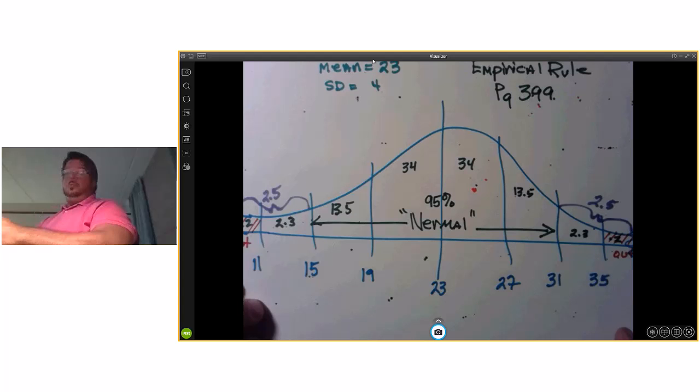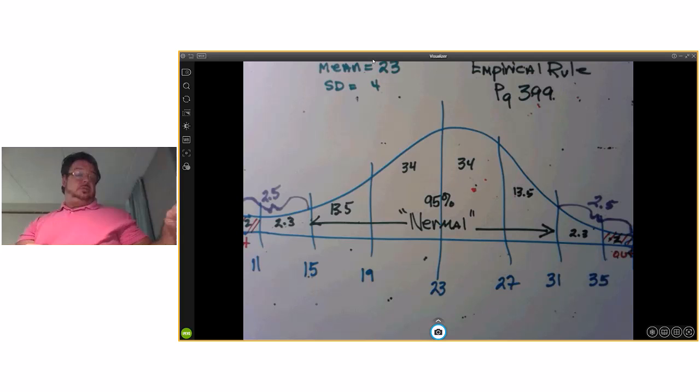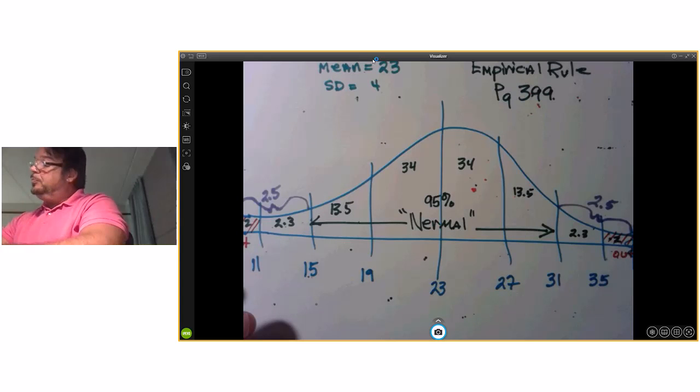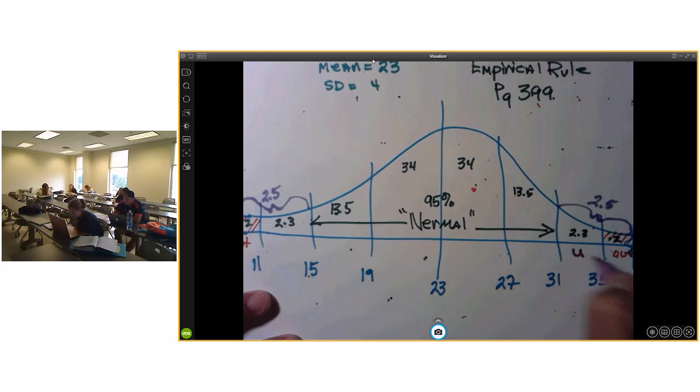Unusual, we'll put that in, I don't have any other colors really. I got a lavender. I have a question. How did you get these numbers, 34 and 13.5? How do you decide that?